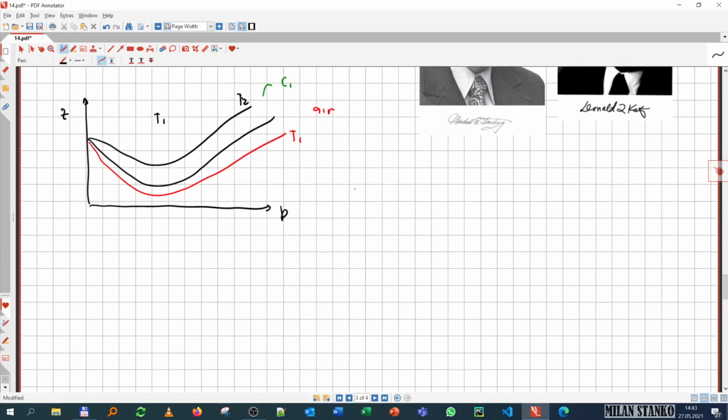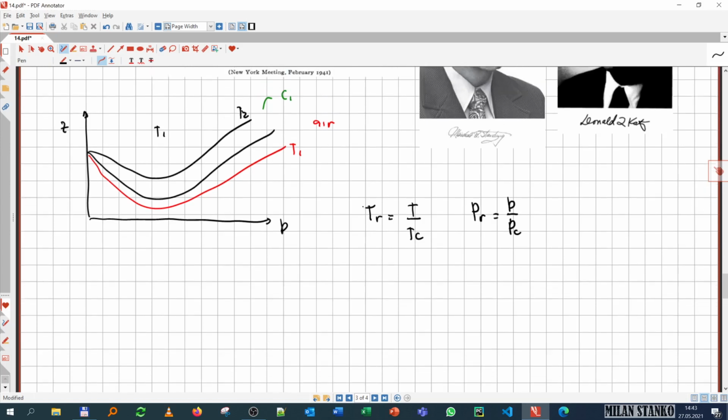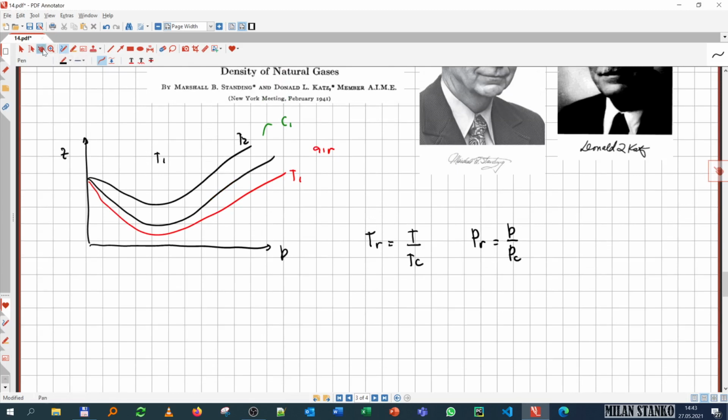So what I first do is calculate a reduced temperature, which is the temperature divided by the temperature of the critical point of the substance, and then the reduced pressure, which is the pressure divided by the critical pressure of the substance. Okay, and if I do that, actually all of the curves overlap.